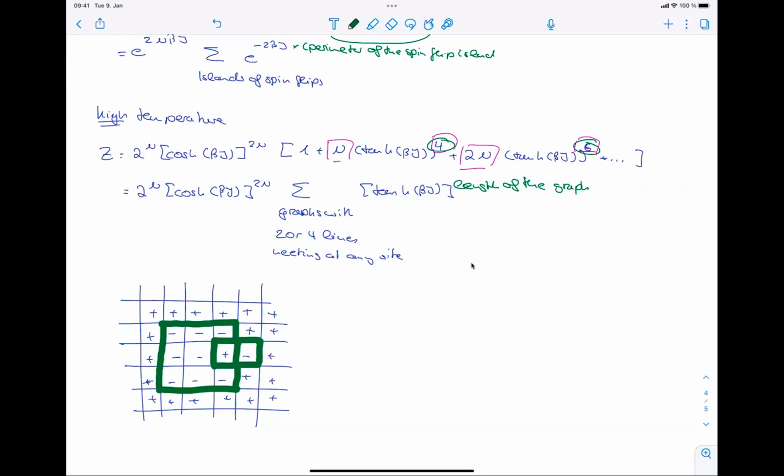That's, if you look at it, again a perfectly acceptable graph if we were to sum over graphs with 2 or 4 lines meeting at any site, right? Because that's exactly what's fulfilled here. So there's a correspondence between spin flip islands and exactly the class of our acceptable graphs. And so that's the magic that hits here, so this is the symmetry that we're building on.